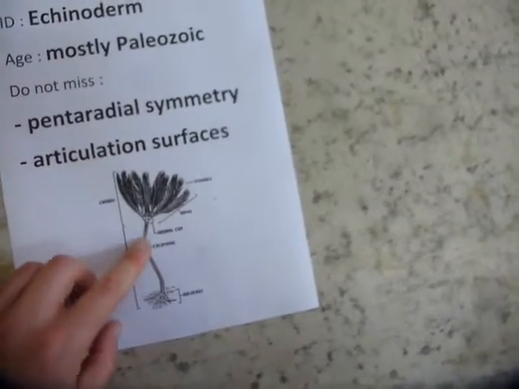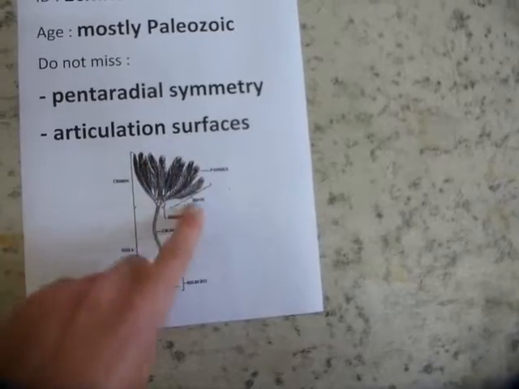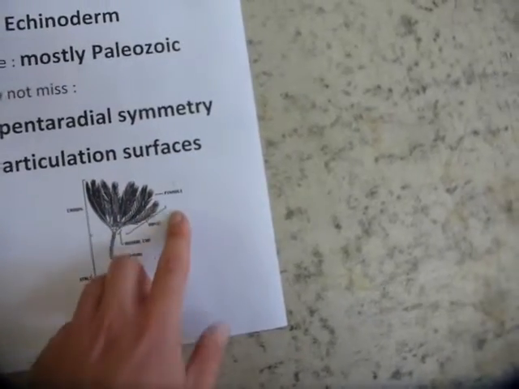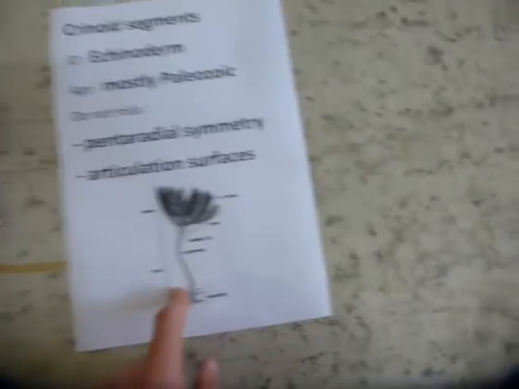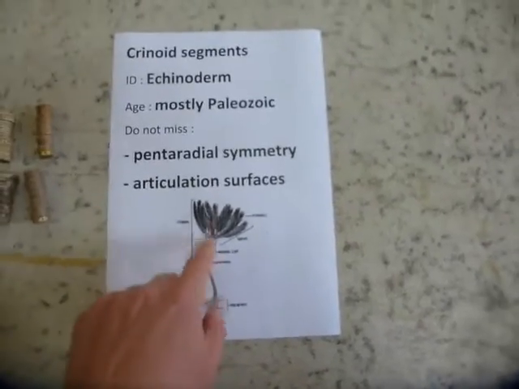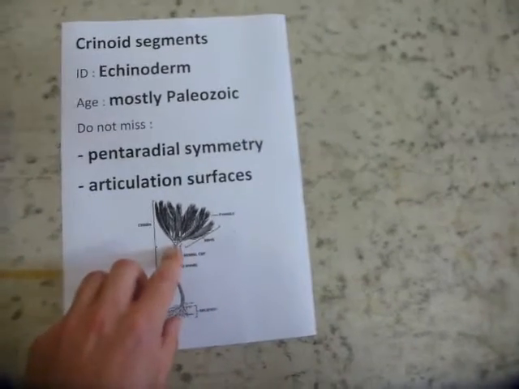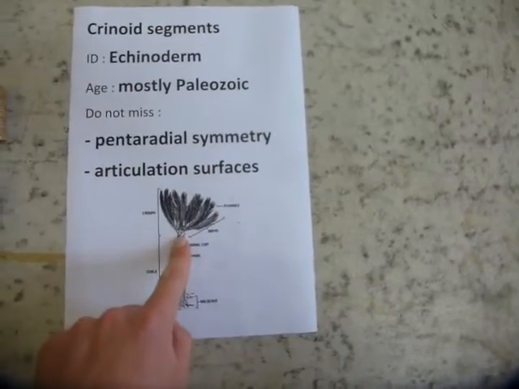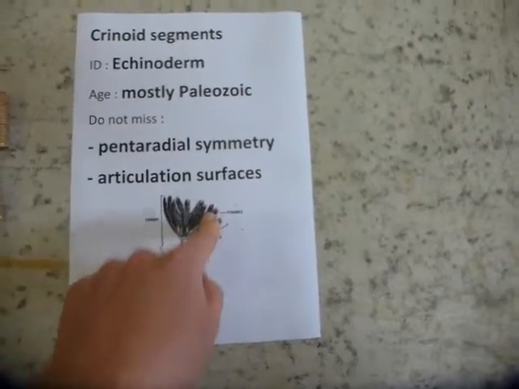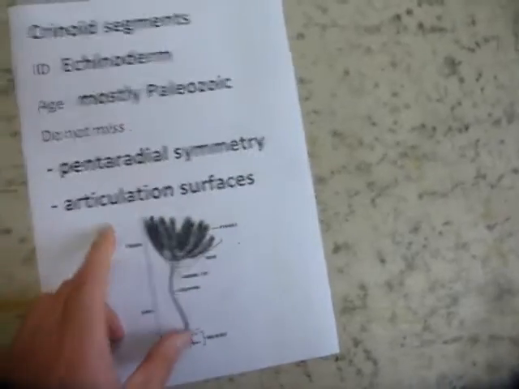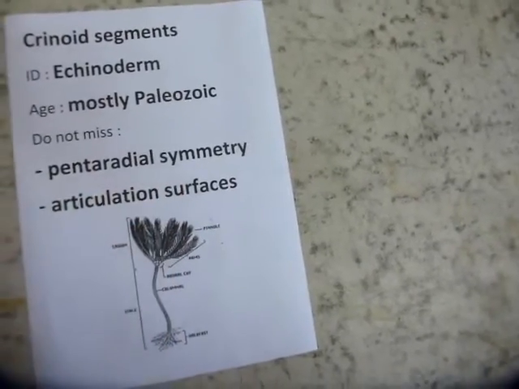Like a plant, they have a stem that is called the stalk, and they have leaves that we call arms made of pinnules. So they look very much like plants, but they are not plants because they can move. The stalk can break at this level, and this part can swim. So they are not plants, they can move. And just like other echinoderms, they have a pentaradial symmetry.